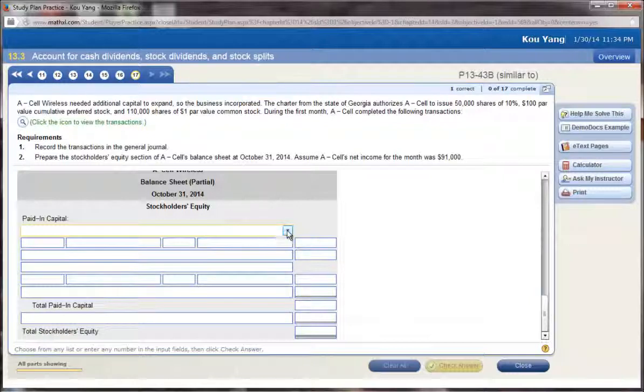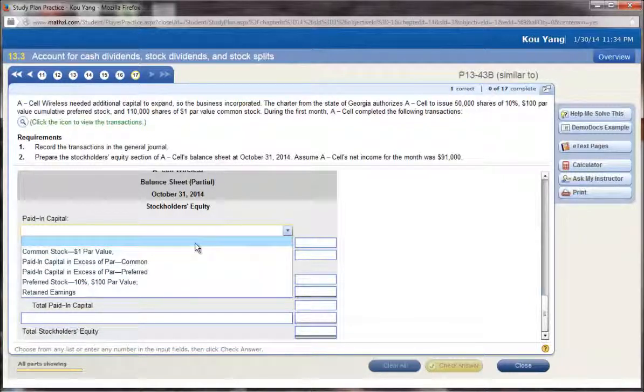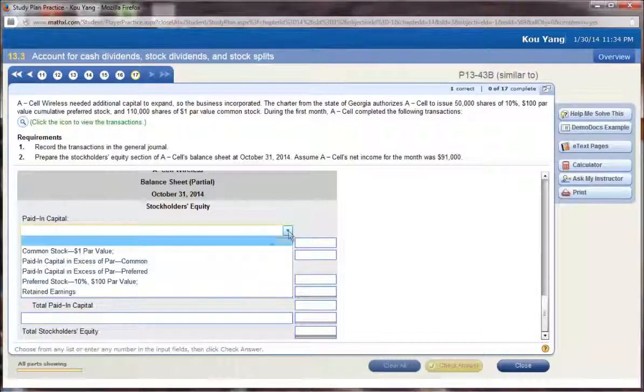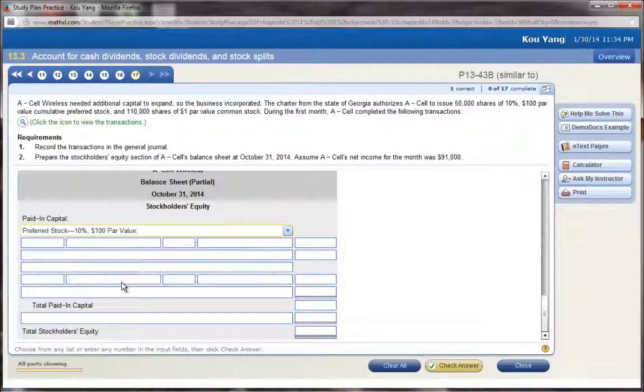So the first line that goes here is going to be my preferred stock at 10%, $100 par value. Okay, so hopefully I'm putting it in the right boxes here.